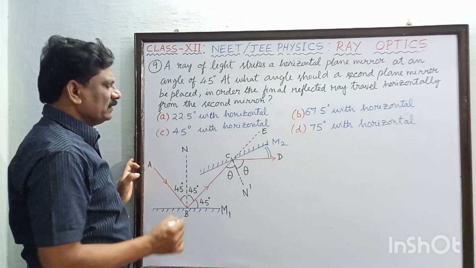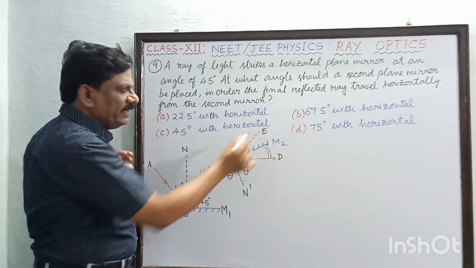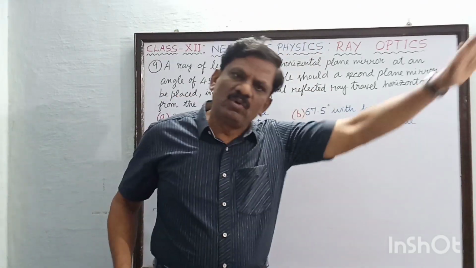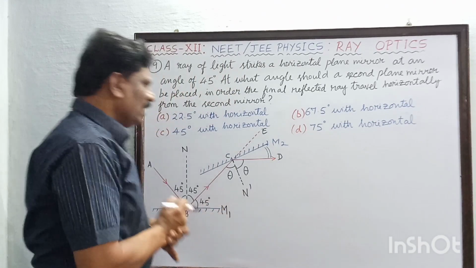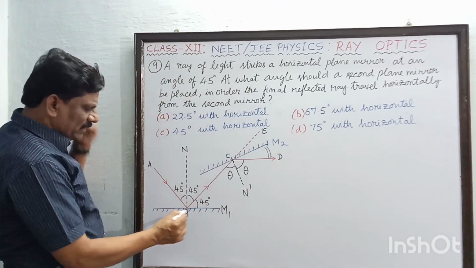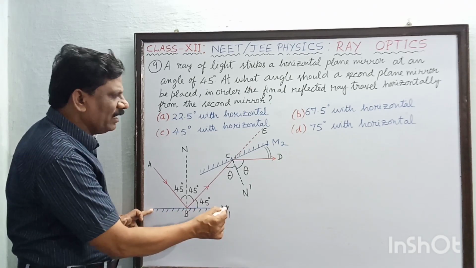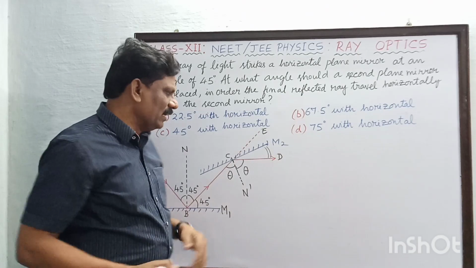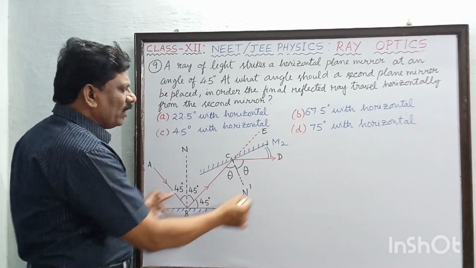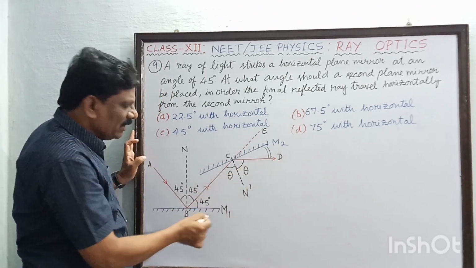Now BCE is a straight line. Therefore the total angle must be 180 degrees, is it not? Also you see here, this mirror M1 is kept along the horizontal, and this straight line CD is also along the horizontal, so that the plane mirror M1 and the reflected ray CD are parallel to each other.